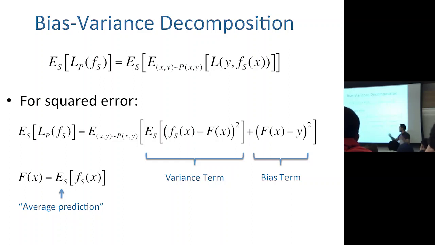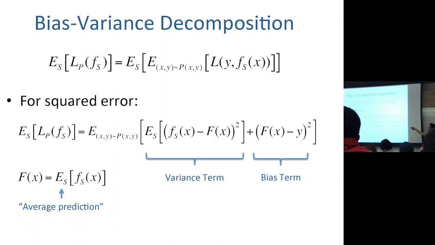What that means is, if you were to draw a bunch of training sets of size, let's say 1,000, over and over again, and you train a model f using each training set, and then you average all the predictions together, capital F sub x is that average. So this term is called the variance term. It's how, for any individual training set and the model you train from it, that model varies from the average prediction.